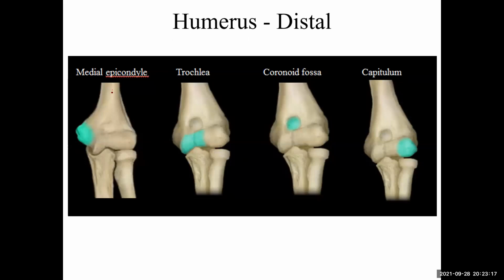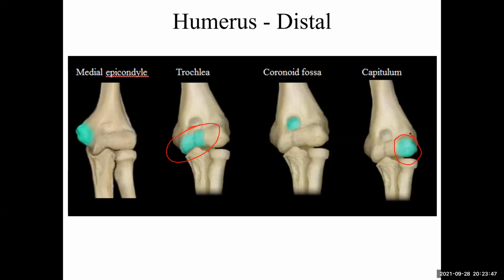Okay, so here's the humerus right here. Here's the medial epicondyle, your funny bone. And off to the side here, that will be the lateral epicondyle. Then you see you have these two smooth structures, the trochlea here and the capitulum here.